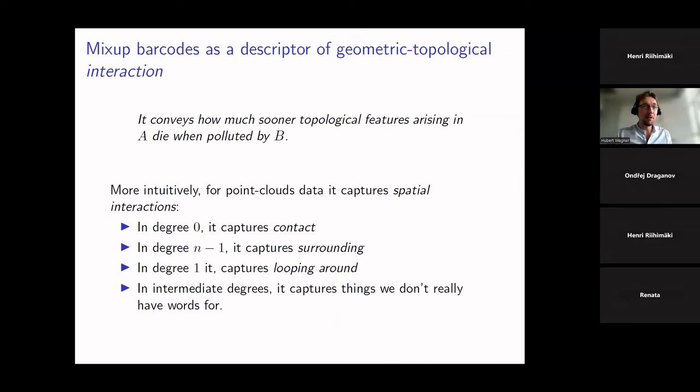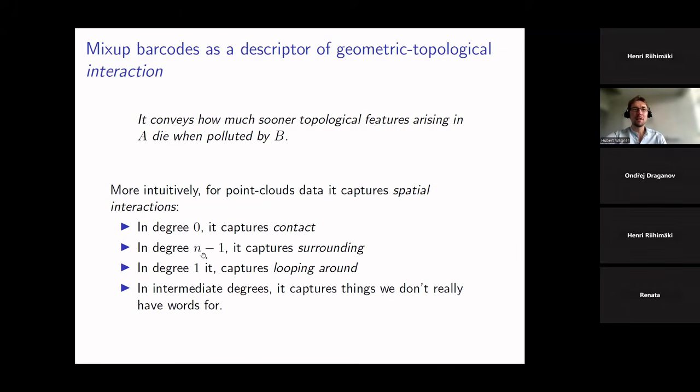So looking at those examples, it's clear that in many cases they will capture some kind of spatial information. More technically, they capture how much sooner topological features arising from A die when they're polluted by B, and the persistence, the lifetime, will always decrease in such a case.